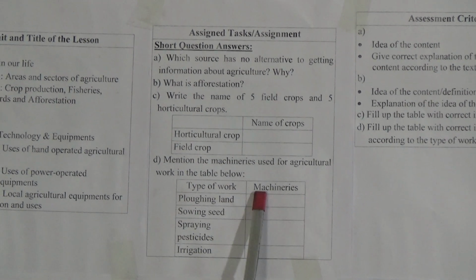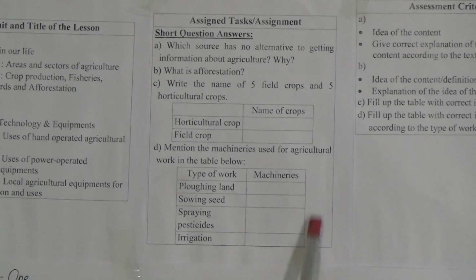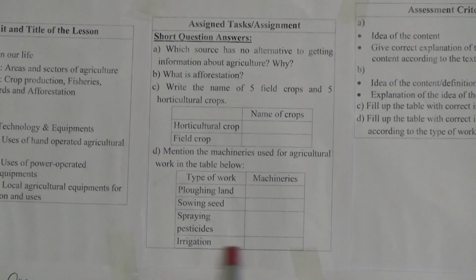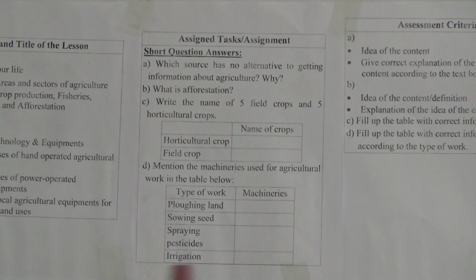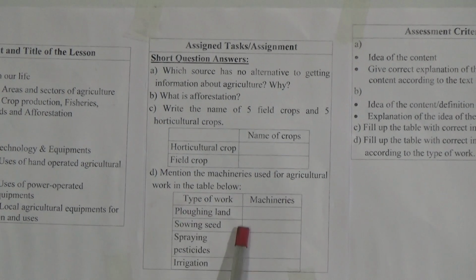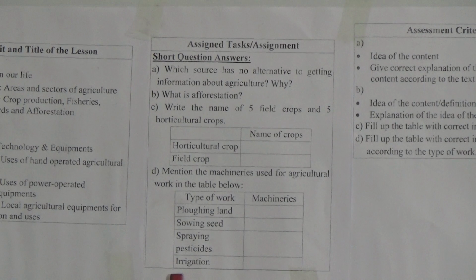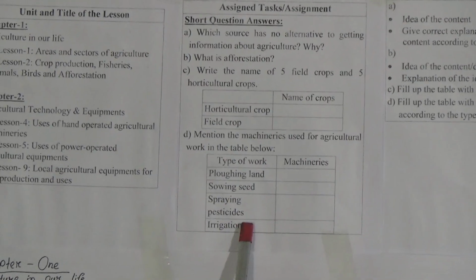Type of work, and this is machineries. For this question also you have to mention this table properly. You have to follow this table, that means plowing land, sowing seed, spraying pesticides, and the last one is irrigation.